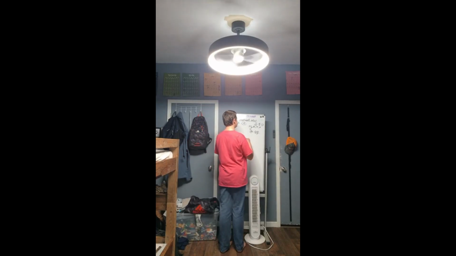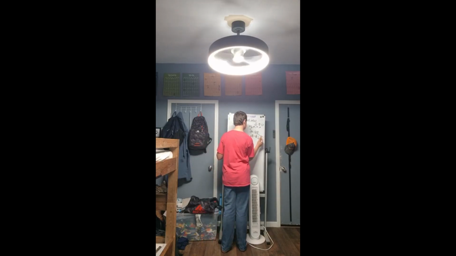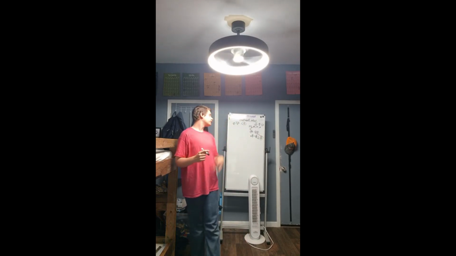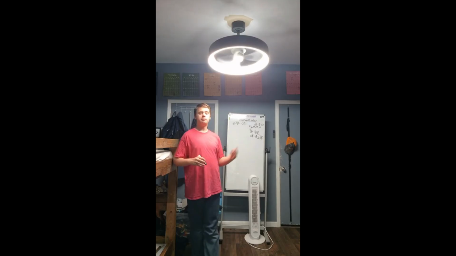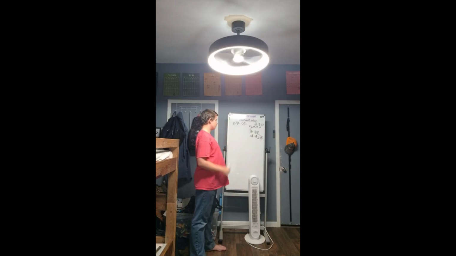So we have 6 over 9 is equal to 21 over 31 and a half. But we could also simplify that to 2 over 3, because 6 divided by 3 is 2, and 9 divided by 3 is 3. Now let's move on to the second.